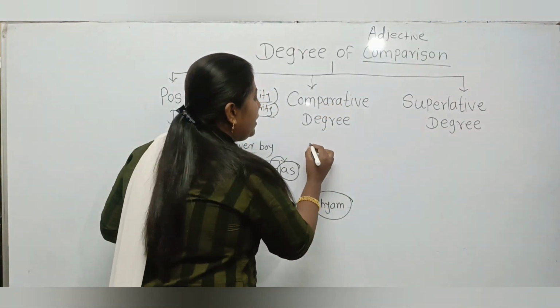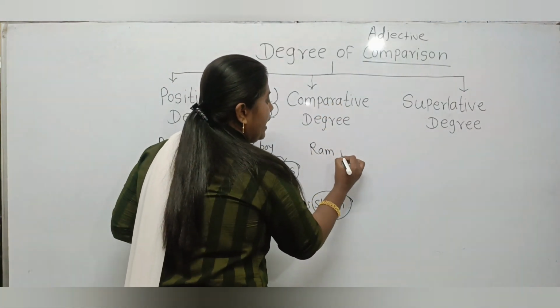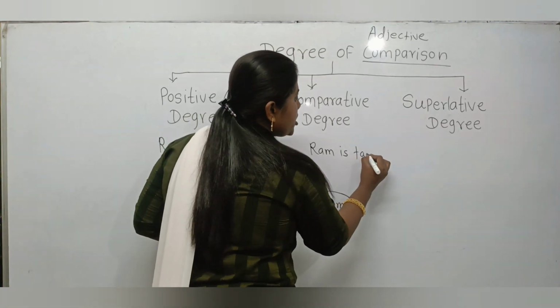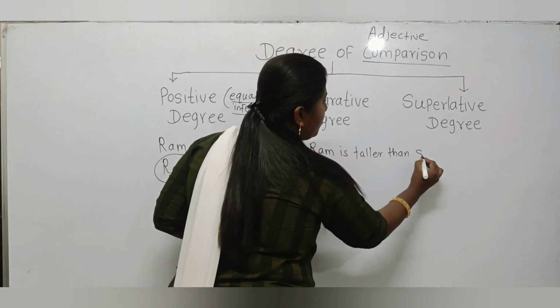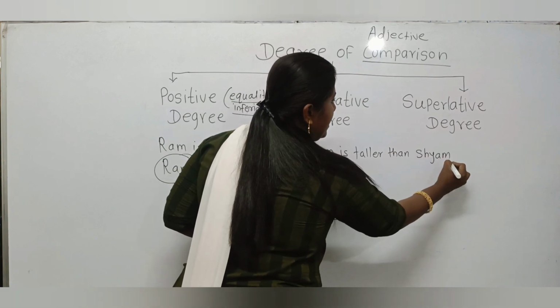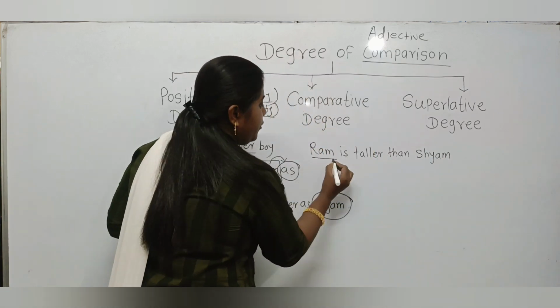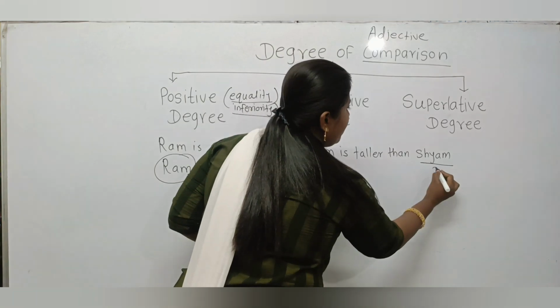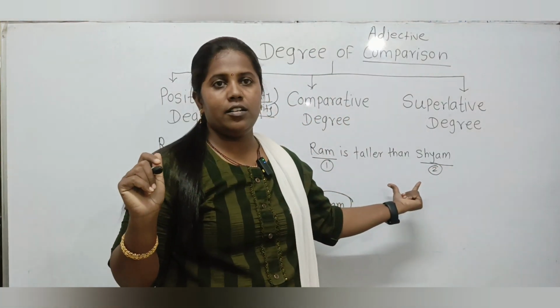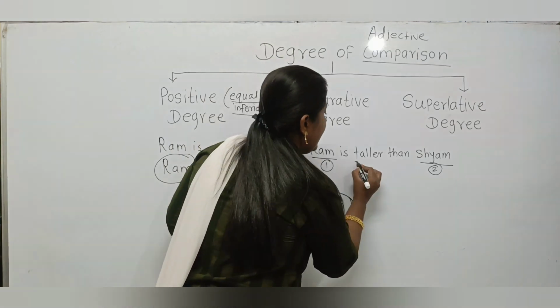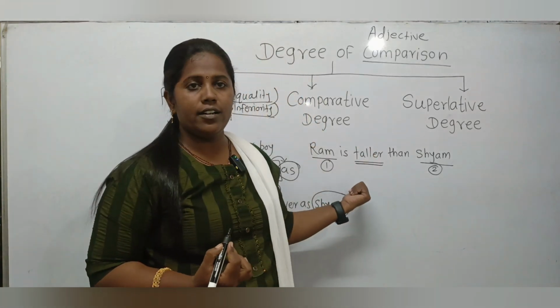If I take one example, that is Ram is taller than Sham. See, here are two people. Means first one is Ram and second one is Sham. These two persons are compared here with the help of this adjective, that is taller.